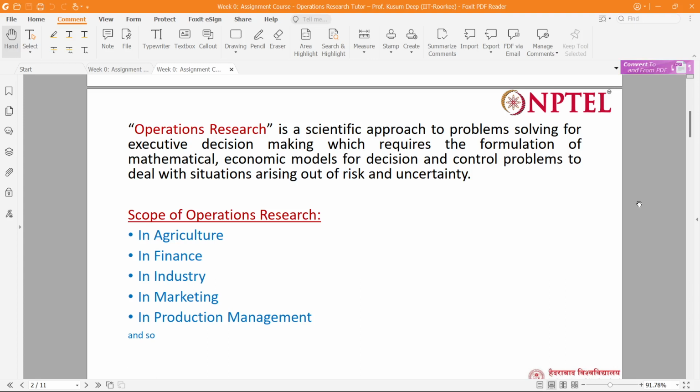In agriculture, operations research is useful for the optimum allocation of land to various crops in accordance with climatic conditions.